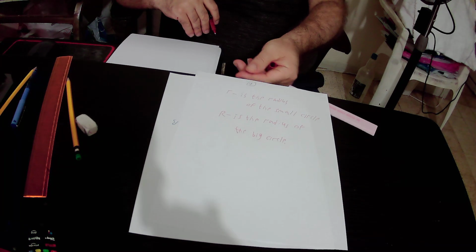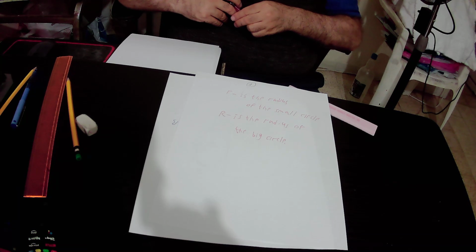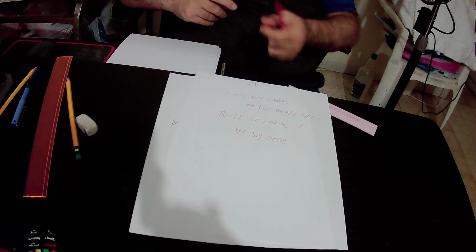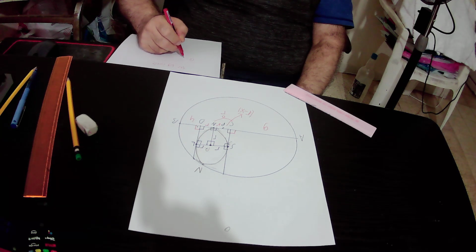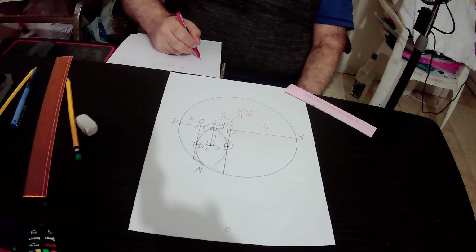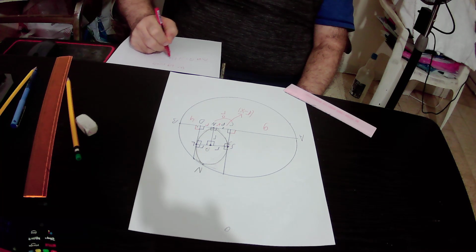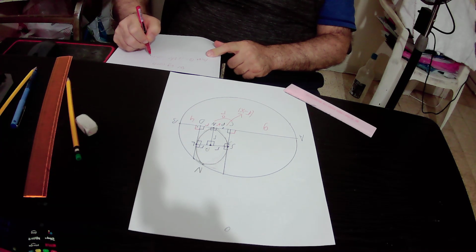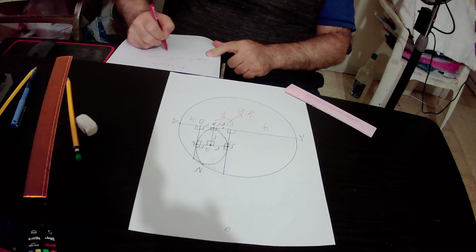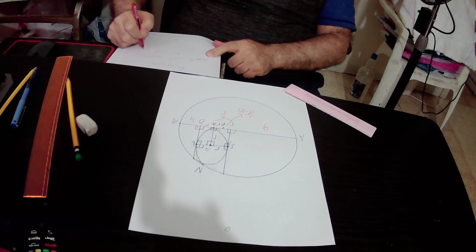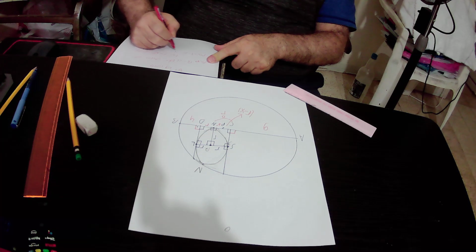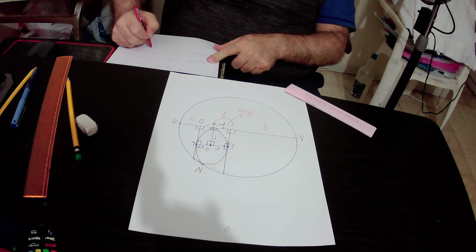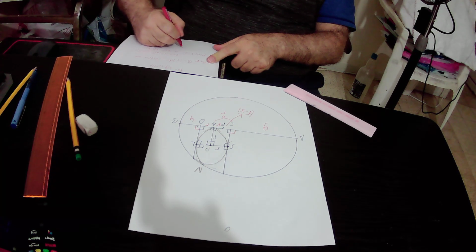Okay? So small r is the radius of the small circle, and capital R is the radius of the big circle, and again point Q is the center of the small circle, while point P is the center of the big circle.